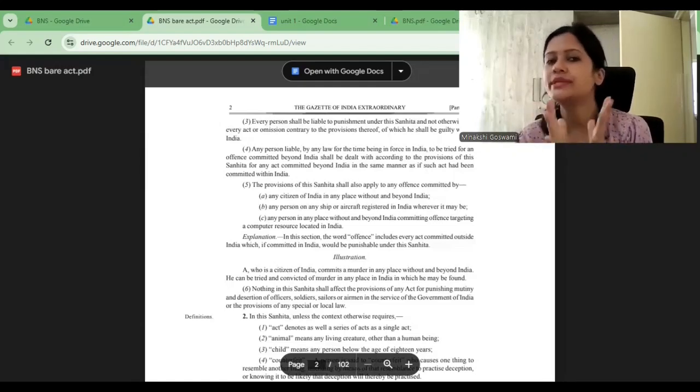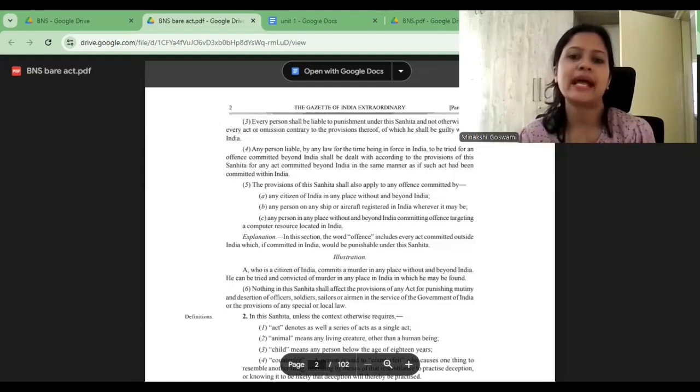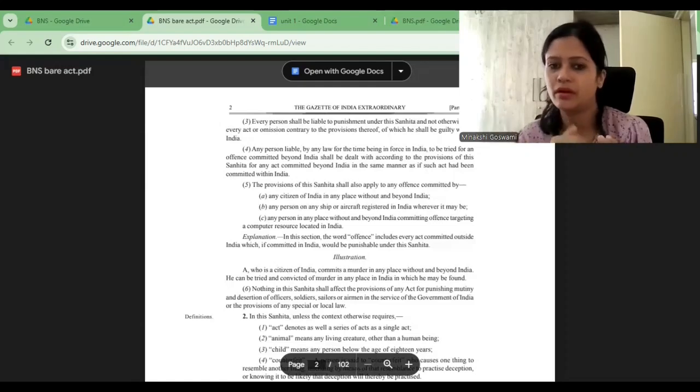So the person who is the offender is a foreign national, but he commits a crime of theft on an Indian registered aircraft. BNS clearly mentions that any offense which is committed in an Indian registered aircraft will also be covered. BNS applies to them, right?